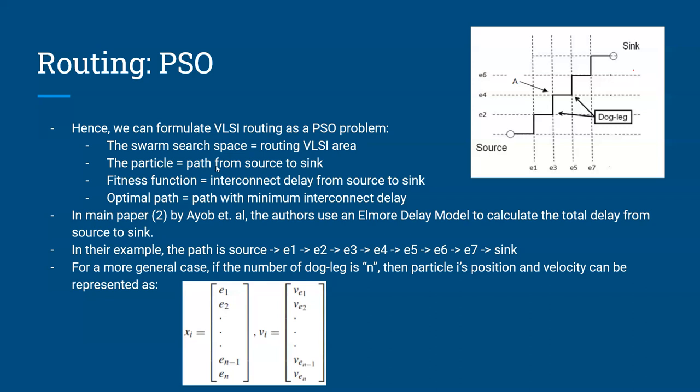So in their example, as you can see in the picture up top, the path is source to E1 to E2 to E3 and so on to sink. As a more general case, if the number of dog legs is n, then the particle i's position and velocity can be represented as a matrix in the picture below.